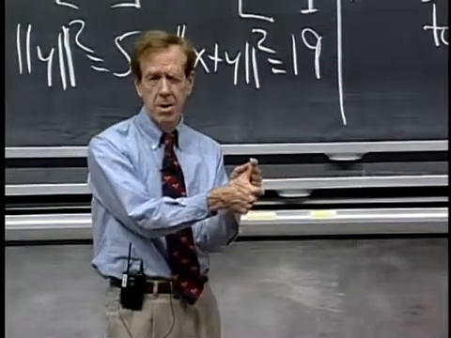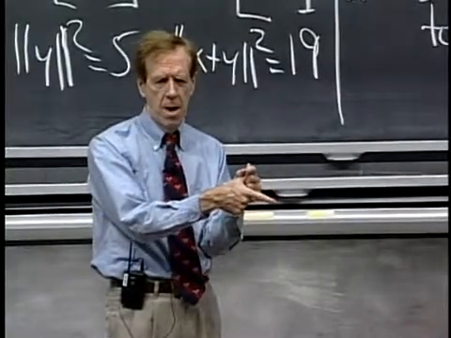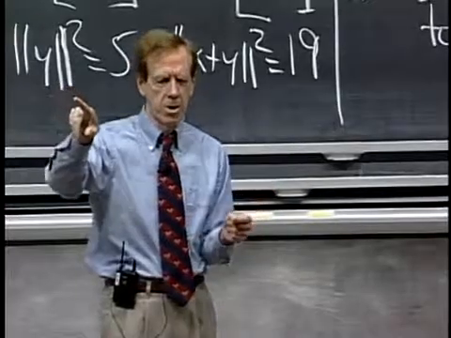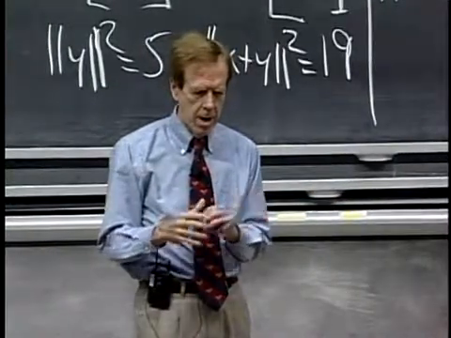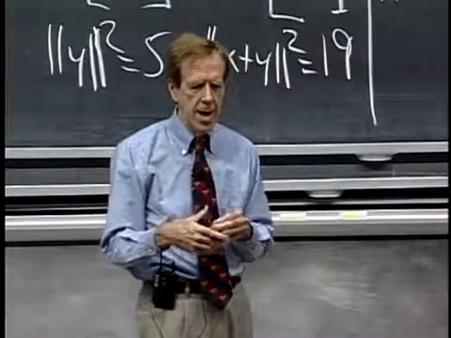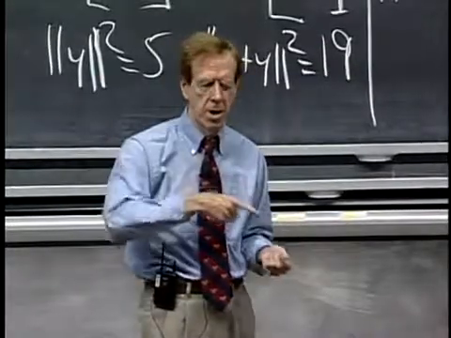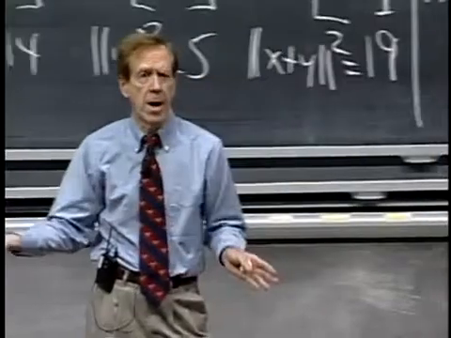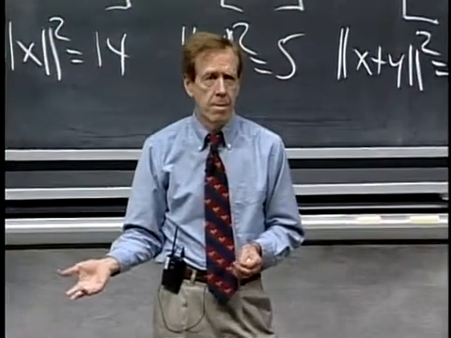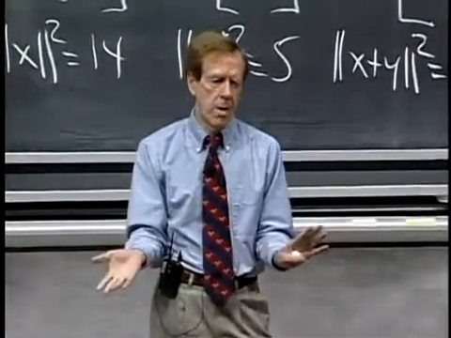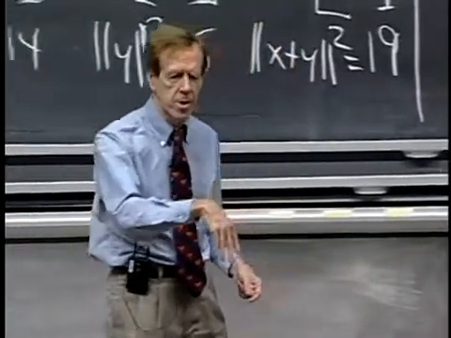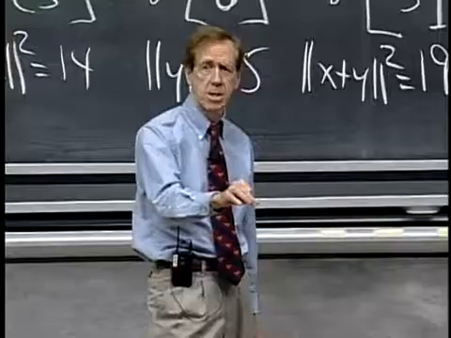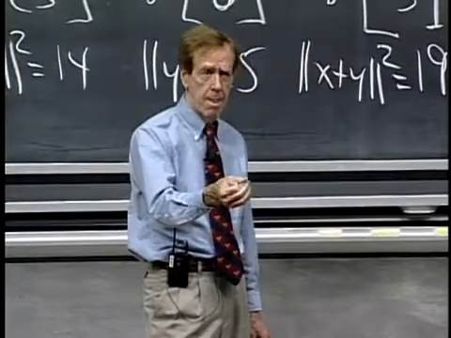The zero vector, real small, a line through the origin, or the whole plane. Okay. Now, so when is a line through the origin orthogonal to the whole plane? Never, right? Never. When is a line through the origin orthogonal to the zero subspace? Always.